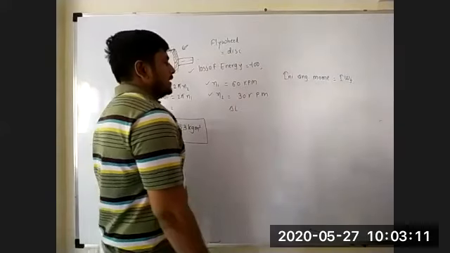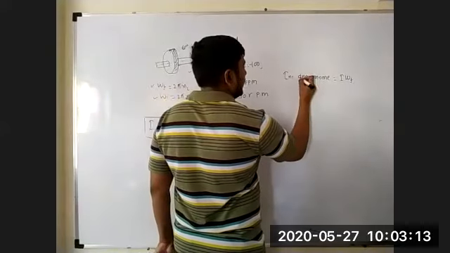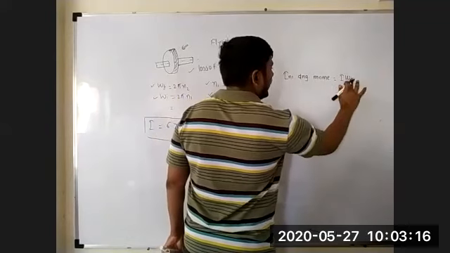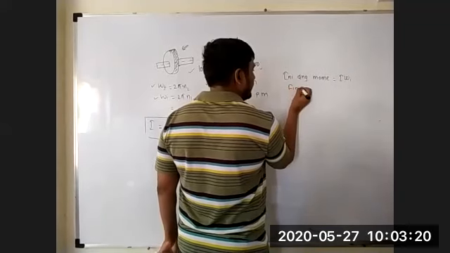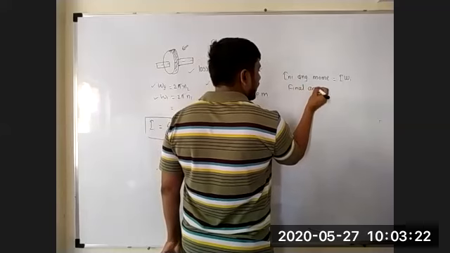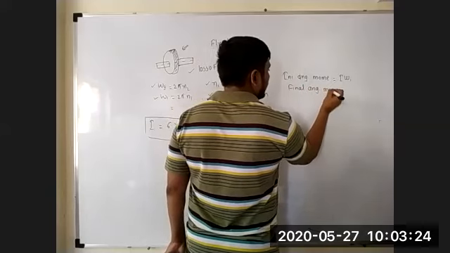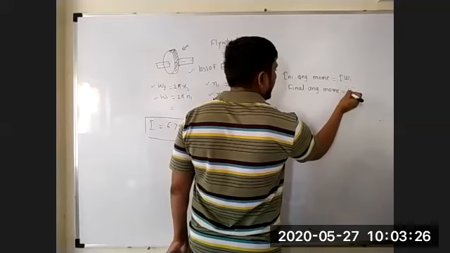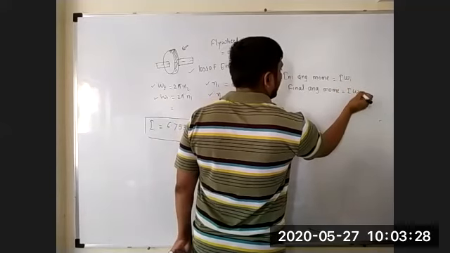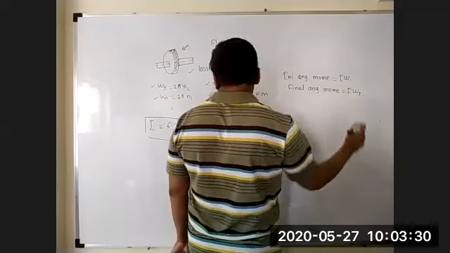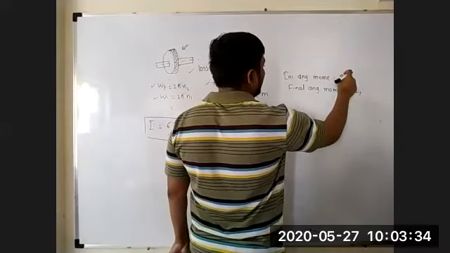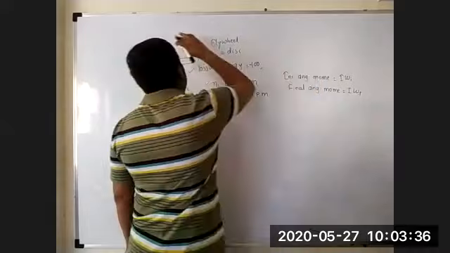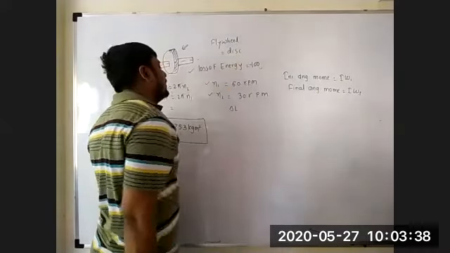Final angular momentum is equal to I into omega final. Why did I take the same moment of inertia? Because the body is not going to change, so the moment of inertia will be the same.